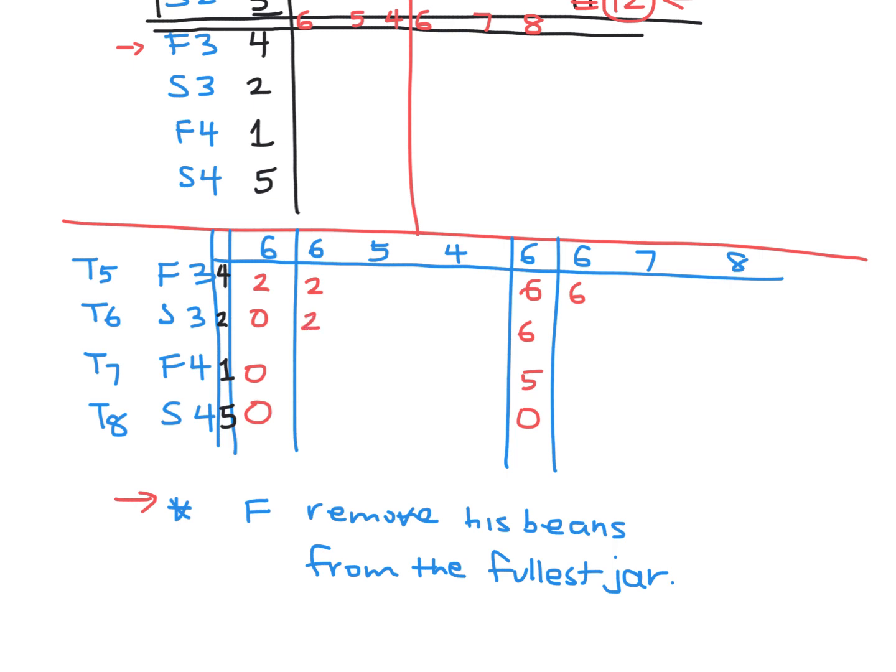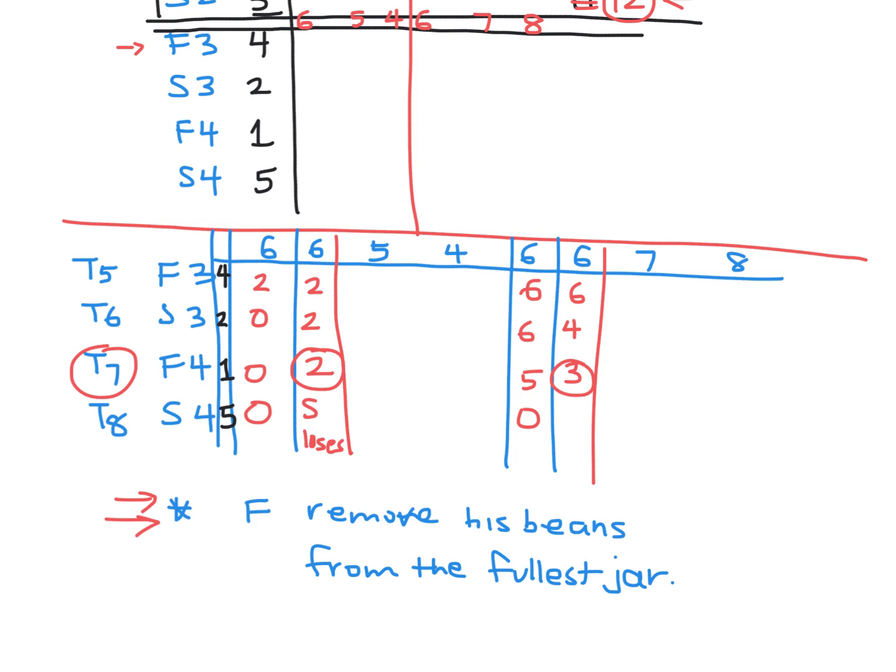So this remains at 2, but this jar goes down to 4. And then Frank, abiding by this strategy, removes his 1 from this, and that remains at 2. Now Sarah is stuck. She can't remove 5 because no jar has 5. So Sarah loses here. So that is a winning strategy, where by T7, the final numbers have got to be 2 and 3.